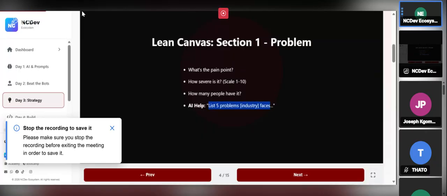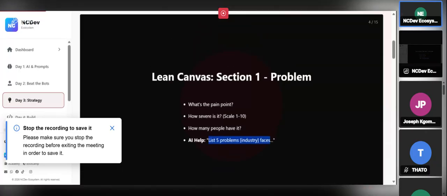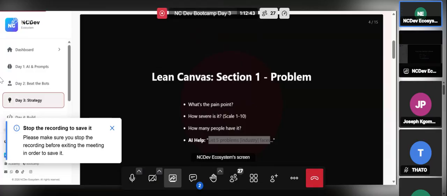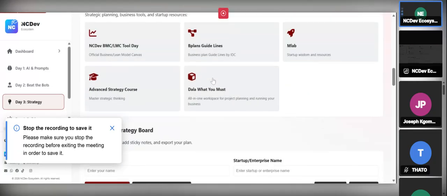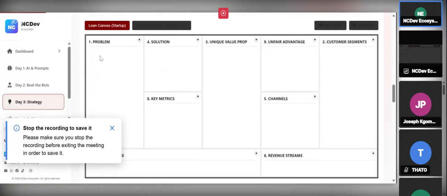So diving back into our lean canvas. On our lean canvas model, as you can see on our far left side, number one is the problem, right?